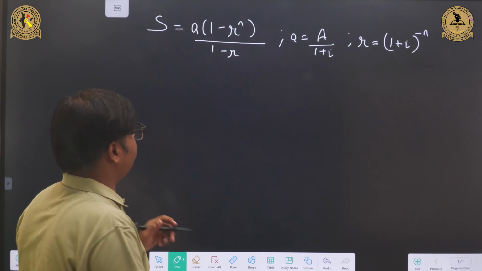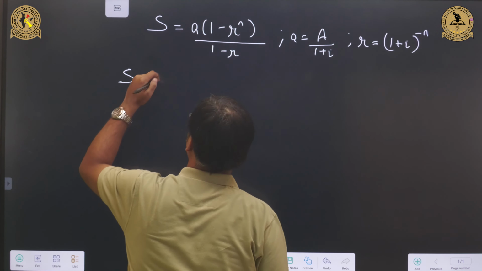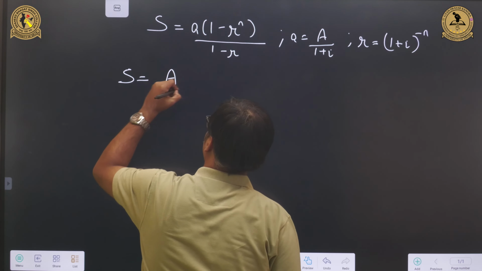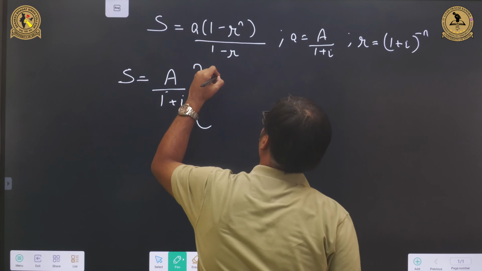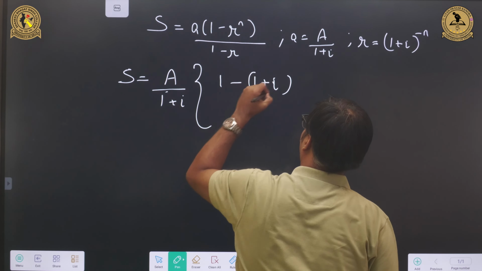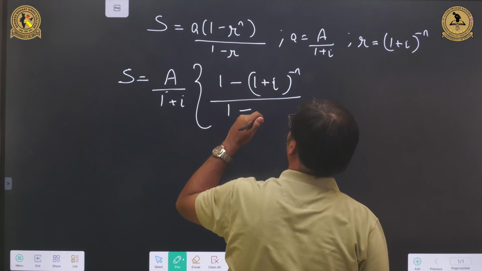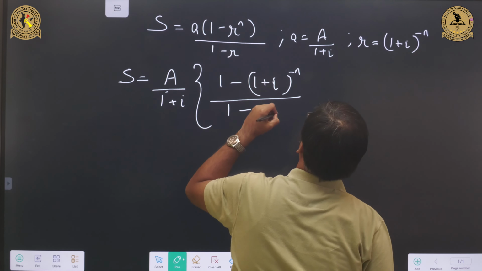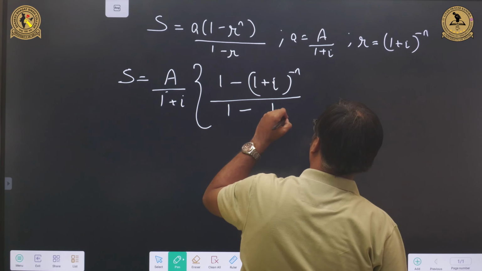Now putting this information in this formula gives you A divided by 1 plus i, into 1 minus (1 plus i) raised to power minus n, again divided by 1 minus 1 divided by 1 plus i.